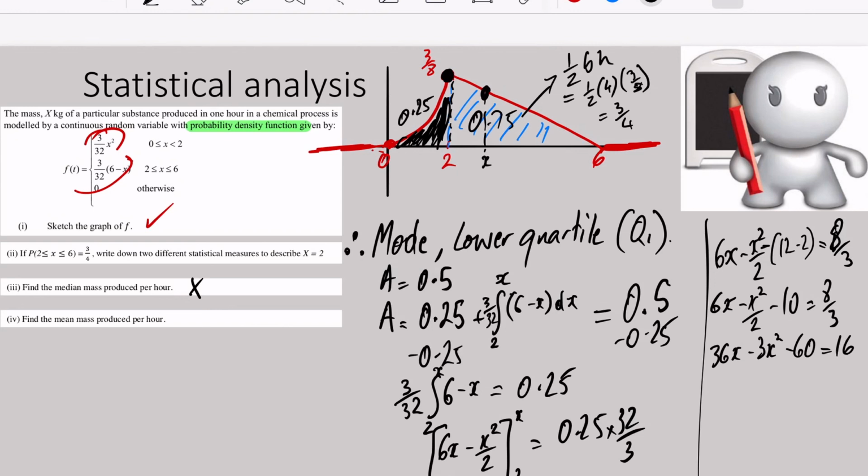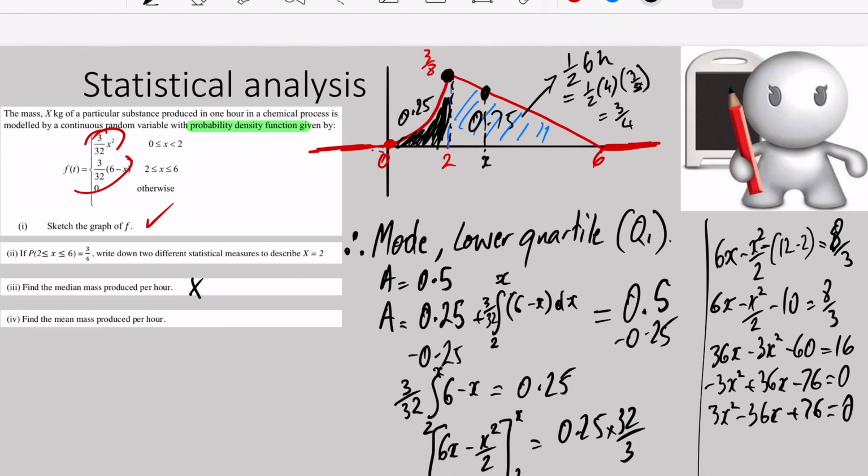Okay, so you can see the solution forming for us. Negative 3x squared plus 36x minus 76 is equal to 0. Let's change everything to the other side. So 3x squared minus 36x plus 76 is equal to 0.